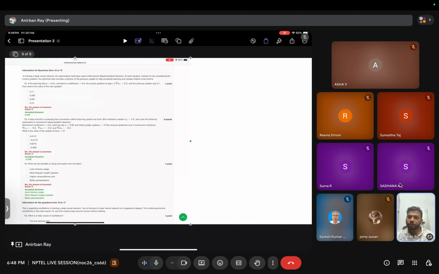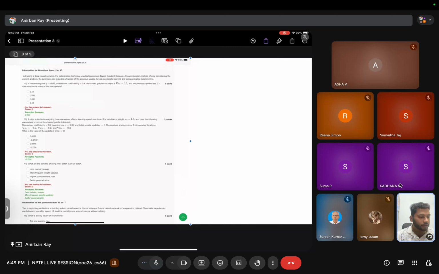So go back to our questions here. A data scientist is analyzing how momentum affects learning speed over time. She initializes a weight W0 and uses the following parameters in momentum based gradient descent. The momentum coefficient is 0.8.